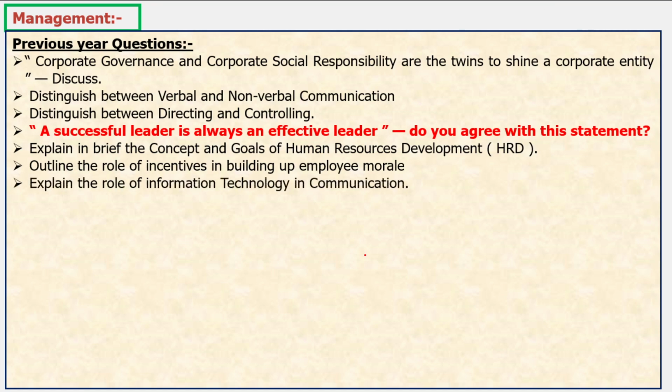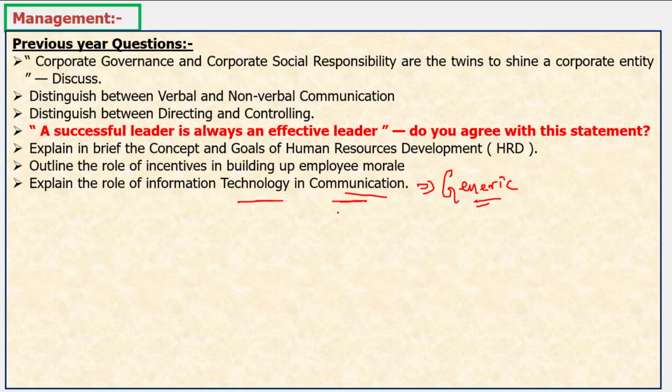Next. Explain the role of information technology in communication. Again, a very generic question, right? And understand that yes, some questions needed specific knowledge. For example, the effective and successful leader question, or directing and controlling, or role of incentives. But some questions are generic also, like information technology in communication.